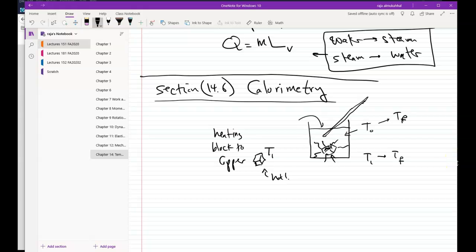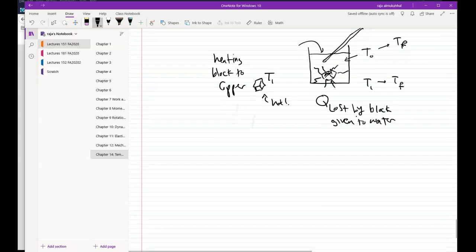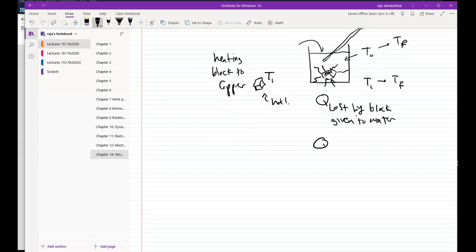So what happened here is that there has been a Q value that is lost by the block and given to the water. Make sense? And then there is another Q value gained by the water, lost by the block, correct?